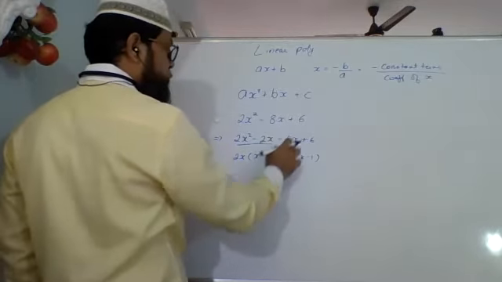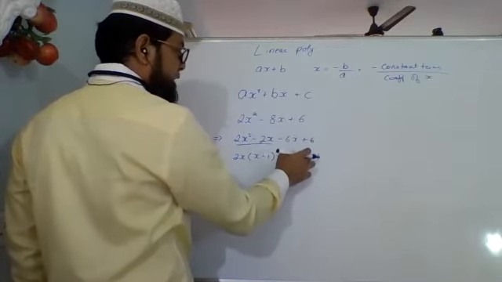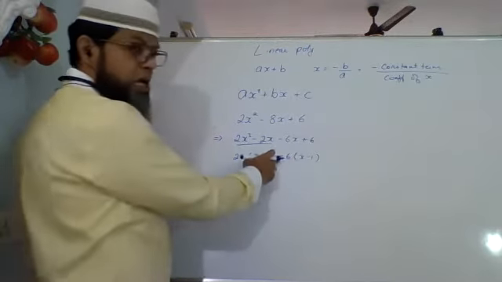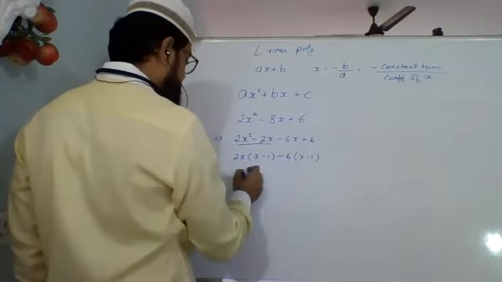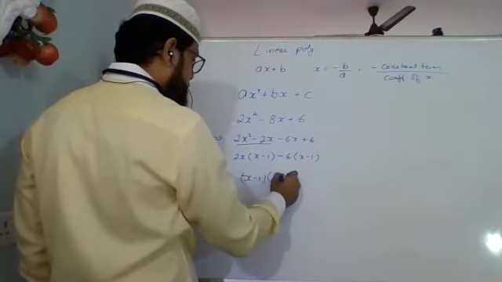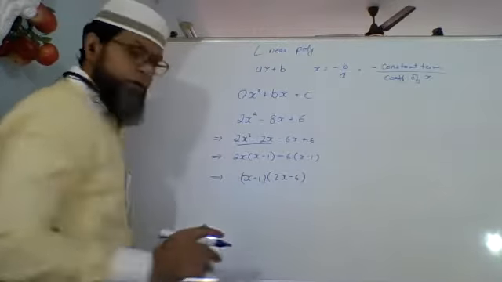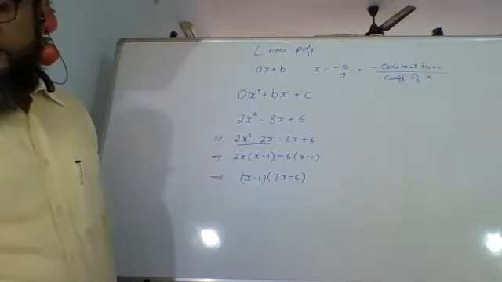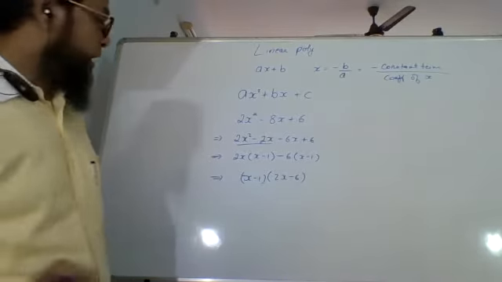Because the minus sign is outside, the sign inside the bracket has changed. Plus has become minus because the sign outside the bracket is minus. Now x minus 1 is common. So I have x minus 1 and 2x minus 6. This is what you had learned till 9th standard, how to factorize this.